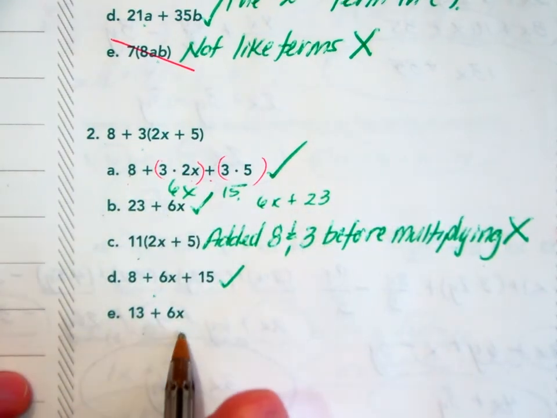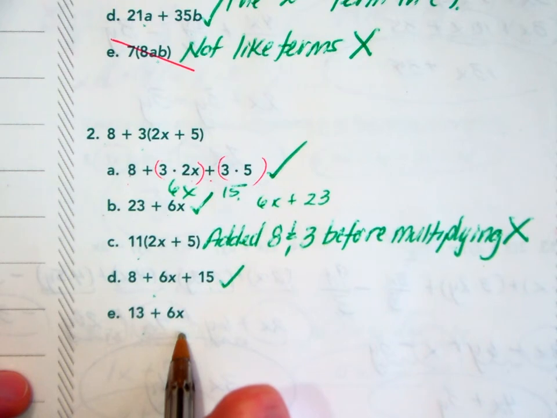13 plus 6x. What did they try to do here? 13. I'm trying to think where they got 13. They would have done 8 plus 5?